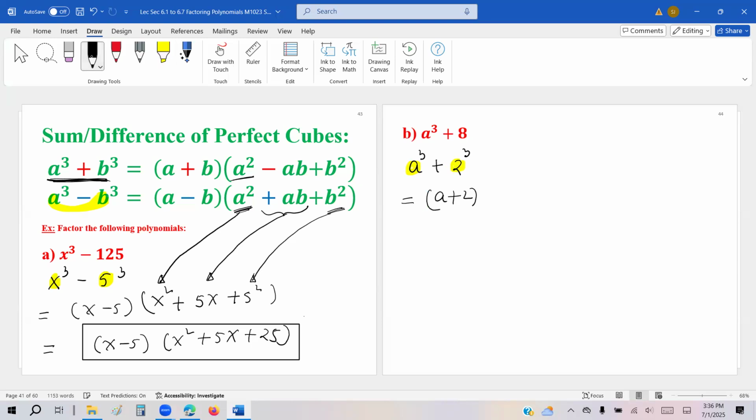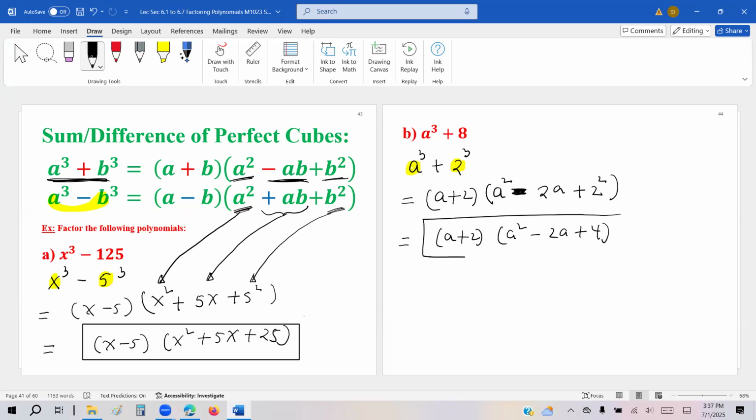And then it says first one squared plus second one squared minus their product. So first term squared, second term squared, and then subtract their product. In other words, a plus 2 times a squared minus 2a plus 4.